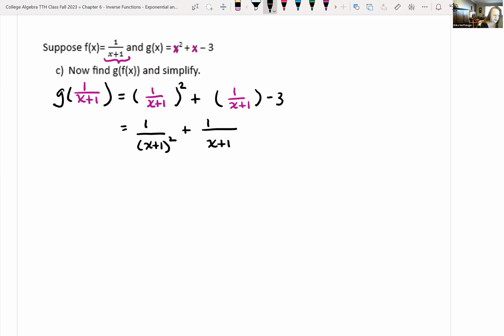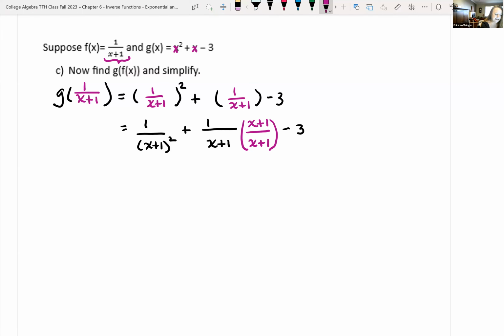I'm going to leave a little bit of room here because I want to simplify this and I need to get a common denominator. So I'm going to need to multiply by a fancy 1 here to get that common denominator, which I can tell right now is x plus 1 quantity squared. So let's multiply that second grouping, 1 over x plus 1, by x plus 1 over x plus 1 to get the LCD, then bring down the -3.